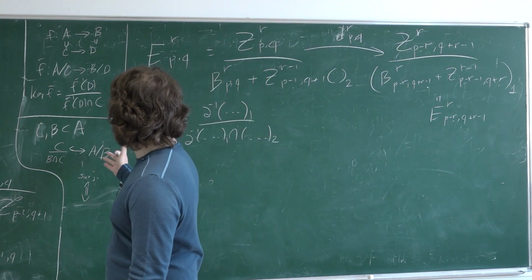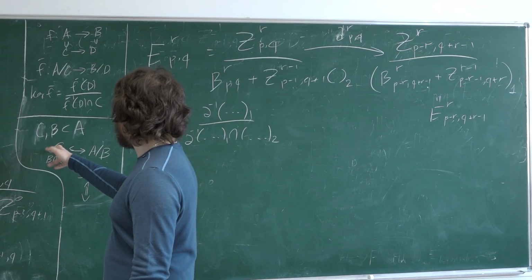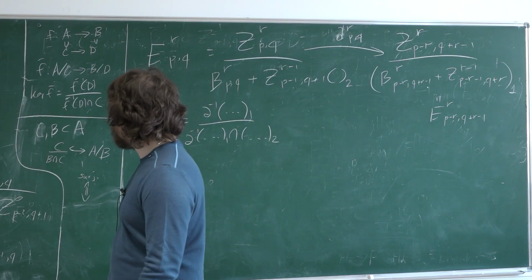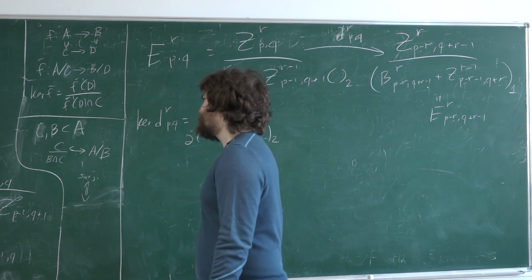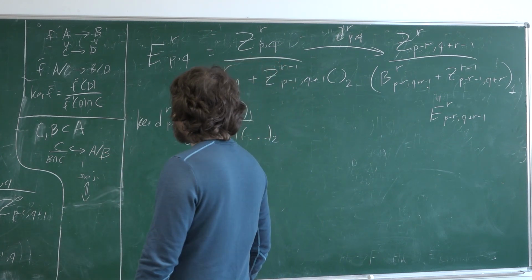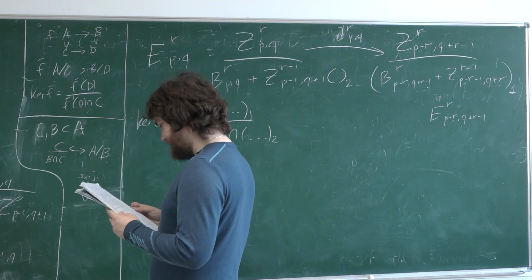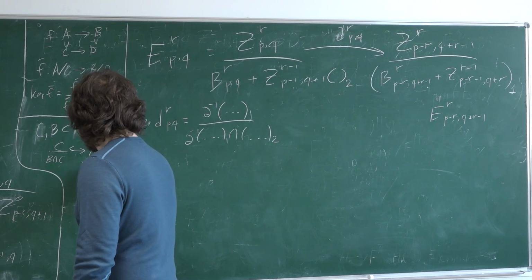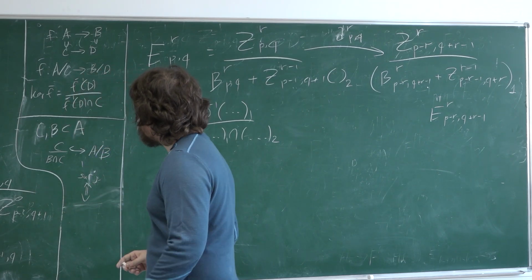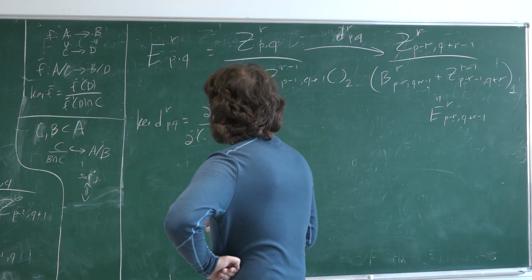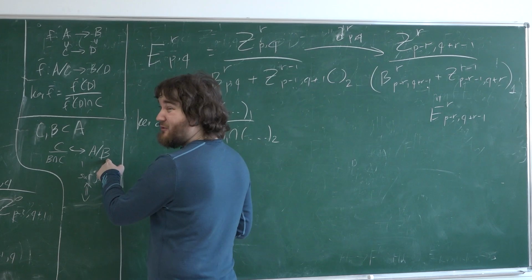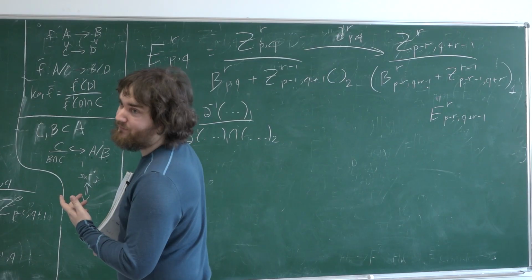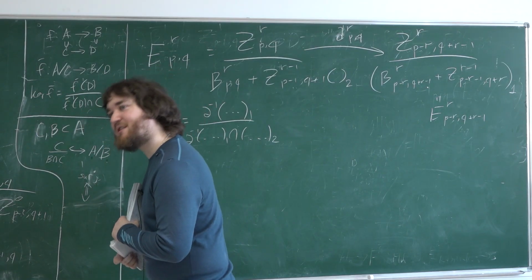I have A modulo B. I consider the induced map from C to A modulo B. Its kernel is exactly B intersect C, so it's an injection. And when it's a surjection, what's the image of this map? When it's surjective, any element from A, modulo elements from B, comes from C. So C coincides with A modulo B. What does it mean?